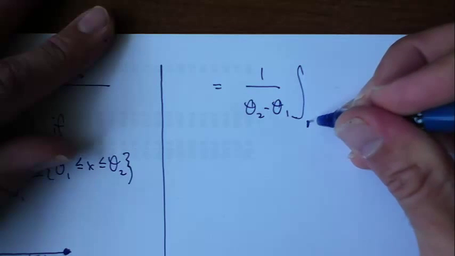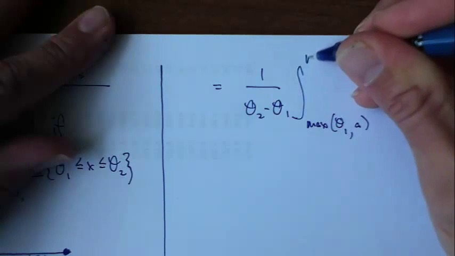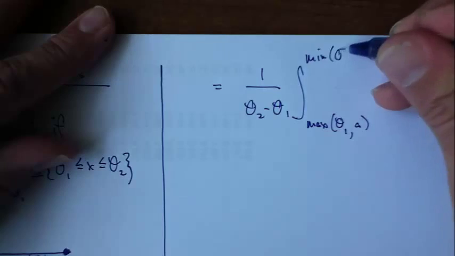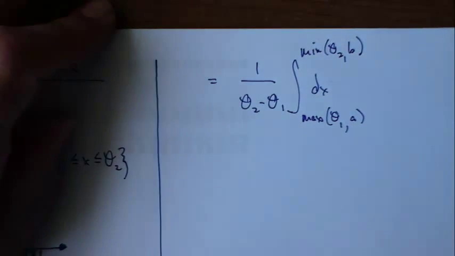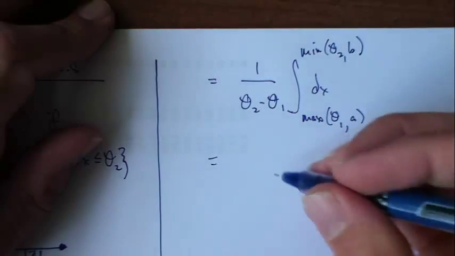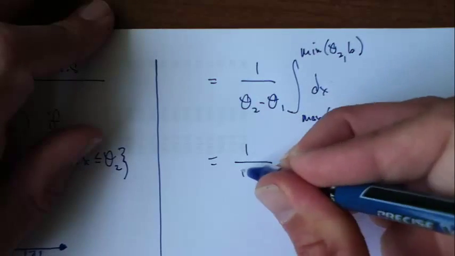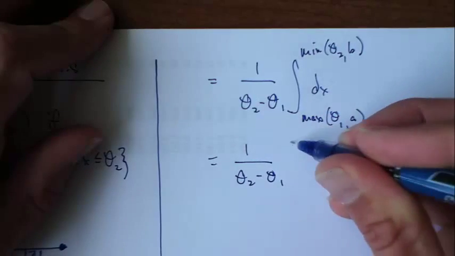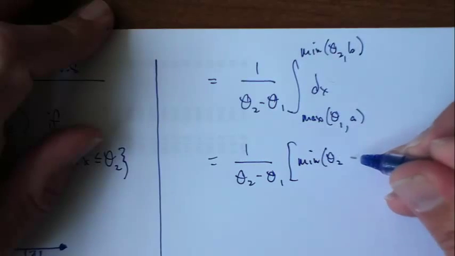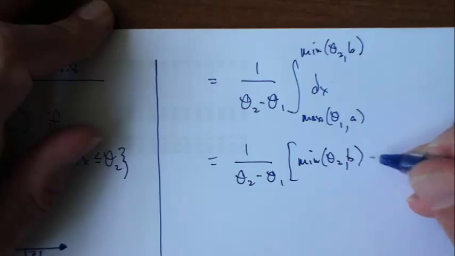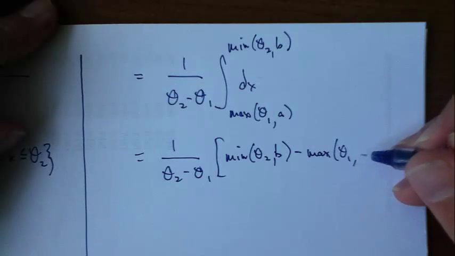Go from the max of theta 1 and A up to the minimum of theta 2 and B dx, right? And so that's just 1 over theta 2 minus theta 1 times the minimum of theta 2 and B minus the maximum of theta 1 and A.